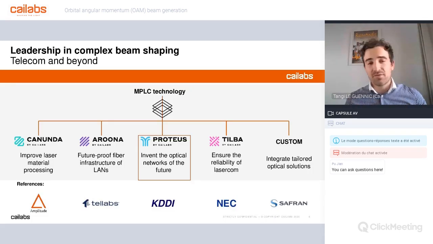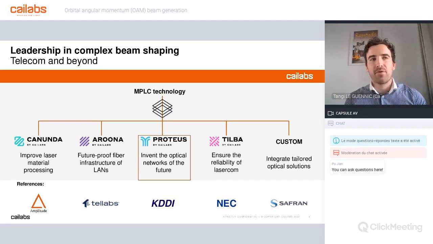This has a lot of areas of application, and we developed a range of products. Let me present them. First, we have the Canuda product, which is specialized in the improvement of industrial cutting lasers. And after, we have the Aruna product. Aruna proposes to improve existing legacy networks.